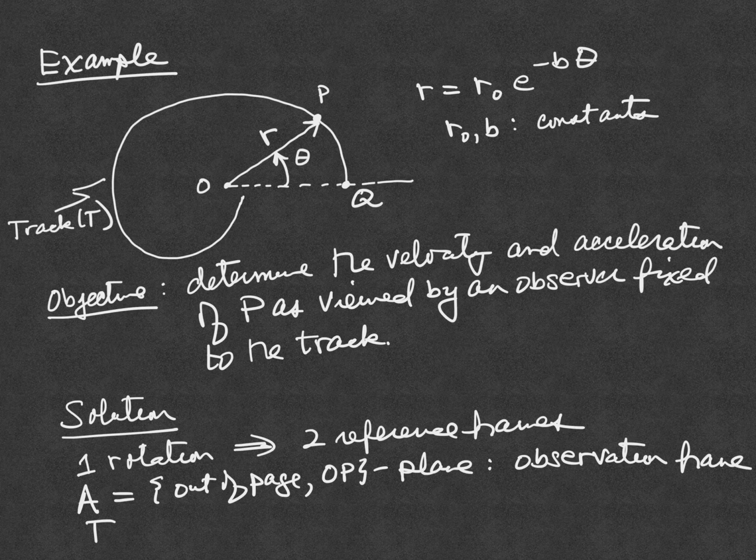And T, which is equal to the track, this is the base frame. Right, because the base frame is the frame in which we want all of our rates of change. But we're going to use intrinsic coordinates to do this problem. But we have to start with another coordinate system, so we're going to start with polar coordinates, and we're going to define these on the next page.